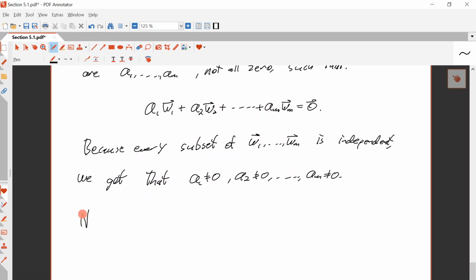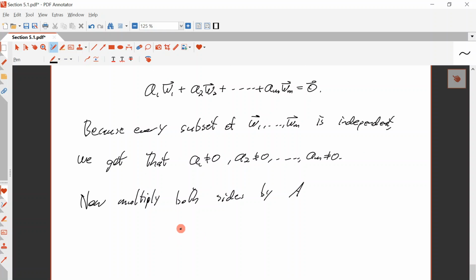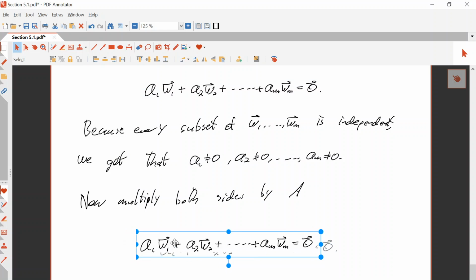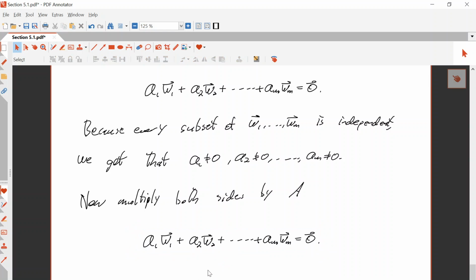Now, multiply both sides by A. So I have A times this is equal to A times 0.